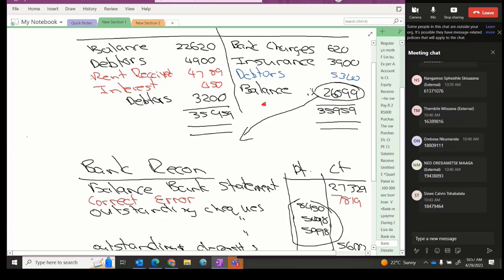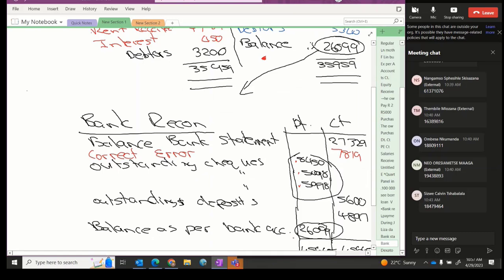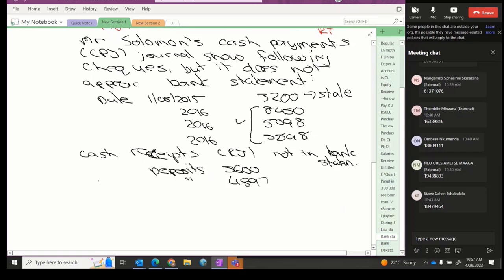You already put it through your books, but the bank didn't do it yet. It's the same with the next one. In your books, it shows that you have deposits of this 5,600 and 4,897, but the bank is not showing it yet.